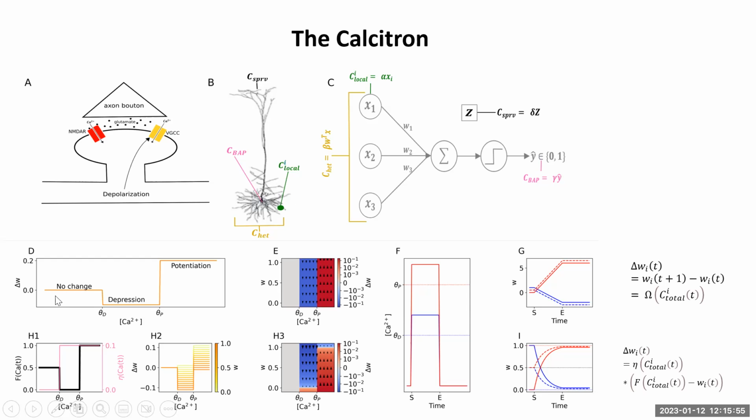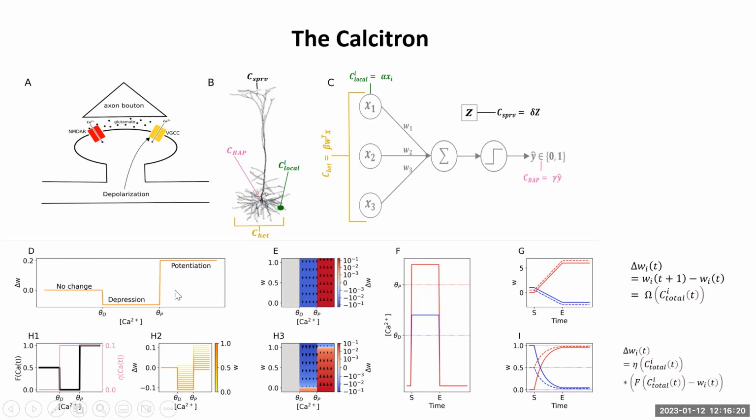The basic idea is that if you only have a little bit of calcium, less than this threshold, which we call theta D, then nothing happens. If you have a medium amount of calcium, between theta D and theta P, that's the depressive region. And if you have a lot of calcium, that will potentiate the synapses. So this is the basic rule.